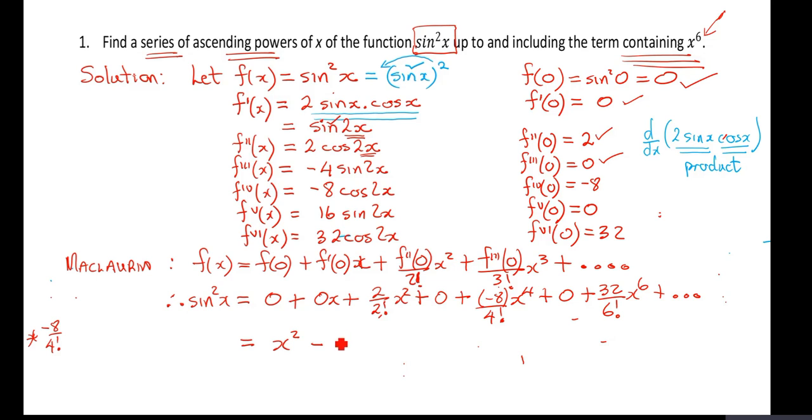That's going to give me minus x to the power 4 over 3, and in the last, 32 over 6 factorial, I get 2 over 45 x to the power 6, and there is the series of sine squared of x to the term containing x to the power 6.